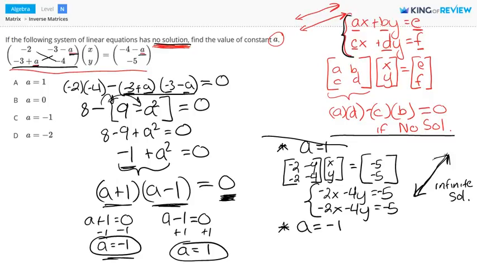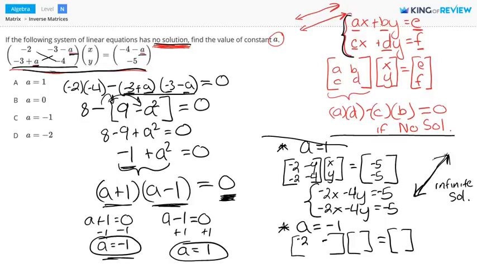If we set up the matrix equation here, again, I'm just substituting in a negative 1 for a when we look back up here on the original equation here. So we have negative 2 here. Then we have negative 3 minus a negative 1.